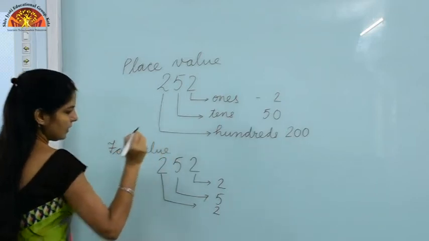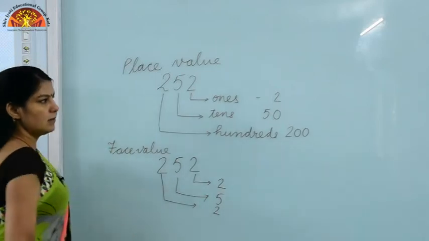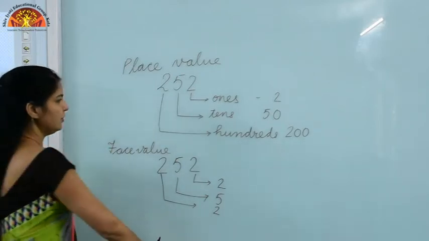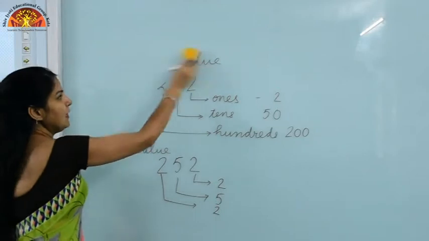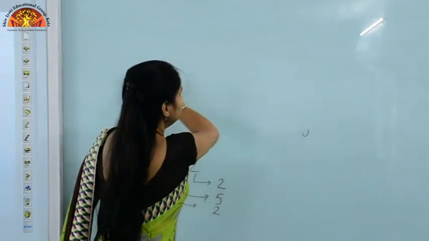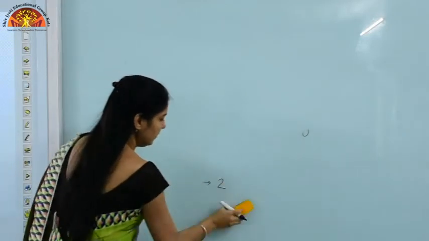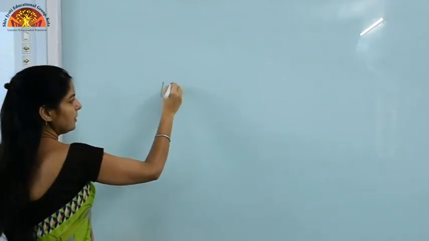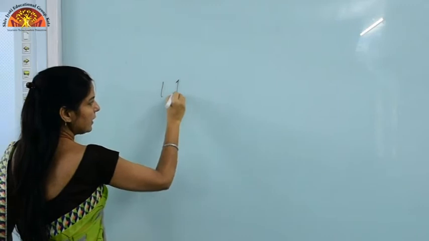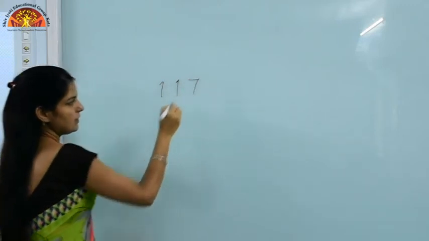Let's see one more example of it. Now I hope you have understood. Now we will see first of all face value of any digit. I am writing the number 117.